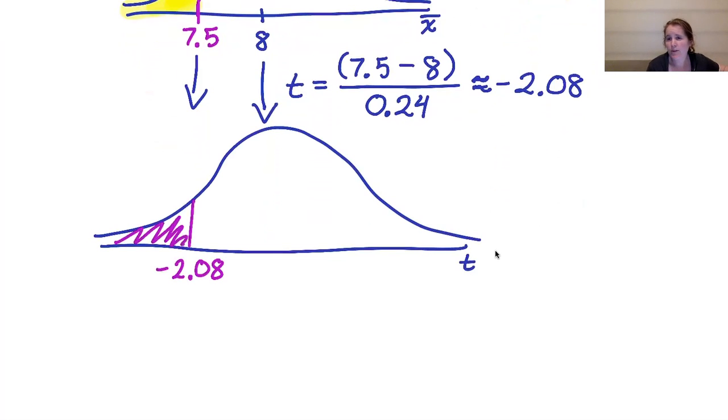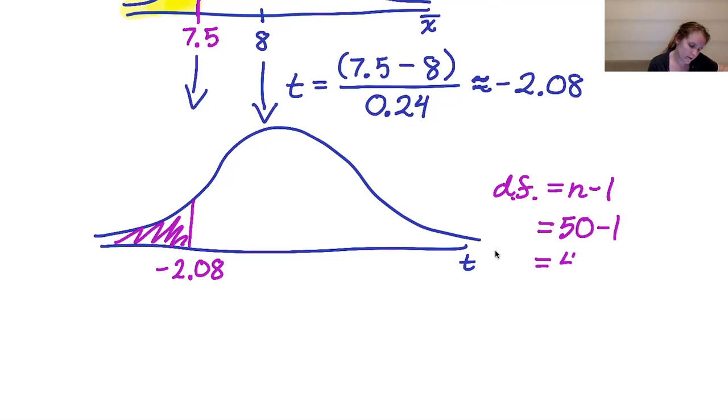The other big piece of information we need for our t distribution is what is our degrees of freedom. Our t distribution looks different depending on sample size. So our degrees of freedom, we're looking at n minus 1. So 50 minus 1 is 49. So we have degrees of freedom of 49.